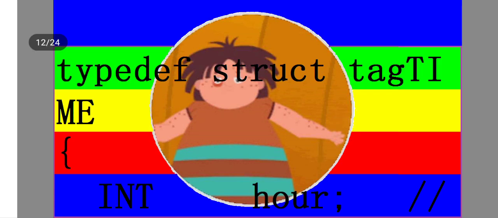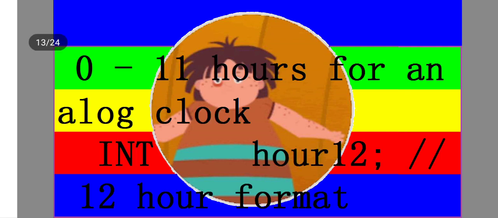Typedef struct tagTime: int hour, 0 to 11 hours for the analog clock. There are two kinds of clock, one for analog, another for digital.